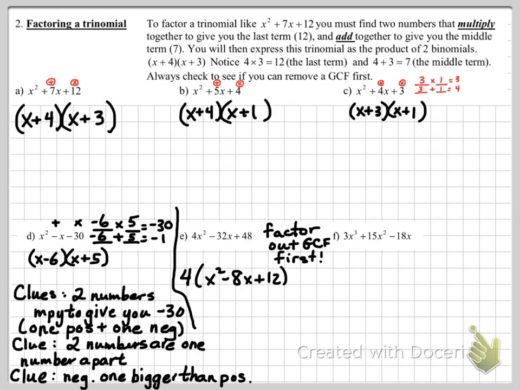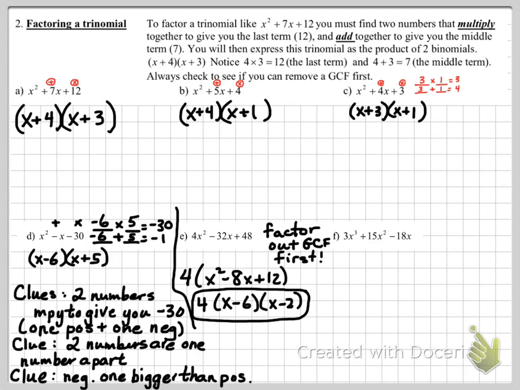Now all I need to do is find two numbers that multiply together to give me positive 12 and yet add up to negative 8. So I'm going to break this remaining part into two binomials. Notice that it's all still times the 4 that we factored out in the first place. And this has got to be two numbers that multiply together to give me positive 12 and add up to negative 8: minus 6 and minus 2.